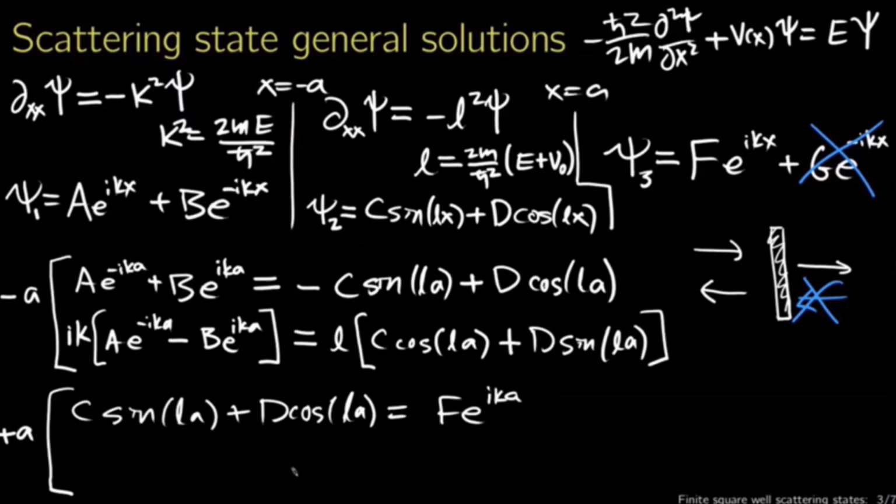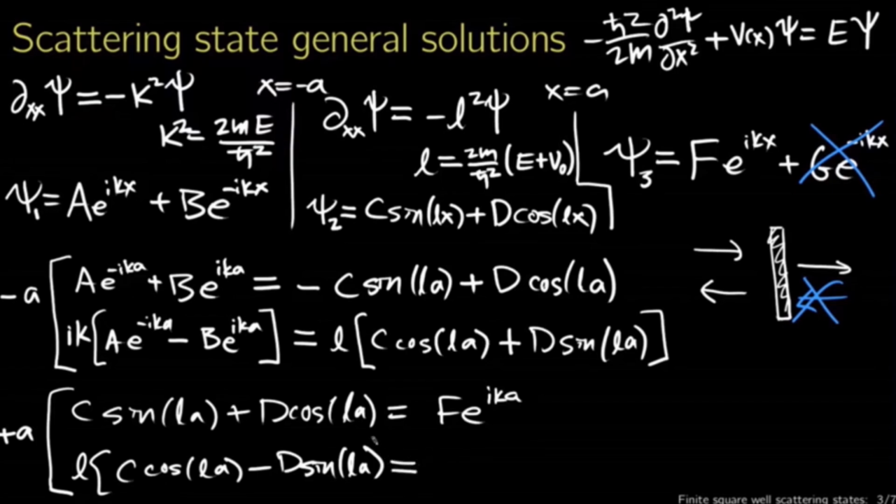Our first derivative, again, by taking the first derivative and repeating the process, gives you L times C times the cosine of La minus now D times the sine of La. We have a minus sign here because now we get the minus sign from taking the derivative of cosine, and we're substituting in plus a, so what I did to get a plus sign here no longer works. I can't factor a minus sign out.